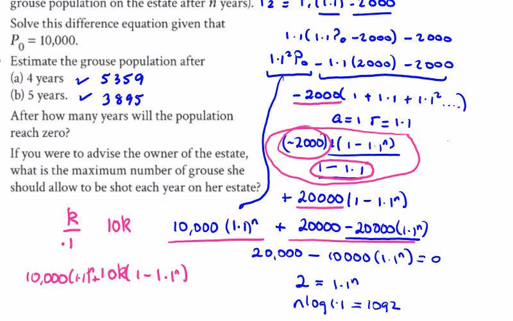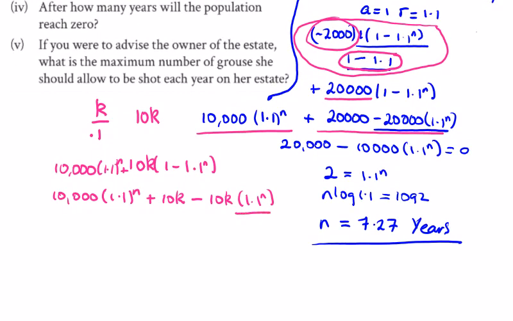It's going to be plus and a minus. So if we just rewrite this again, 10,000 by 1.1 to the power of n plus 10K, and then minus 10K times 1.1 to the power of n. We have a common factor here of 1.1 to the power of n, so we factor that out of 10,000 minus 10K, and then we'll have plus 10K, and this has to be greater than 0.